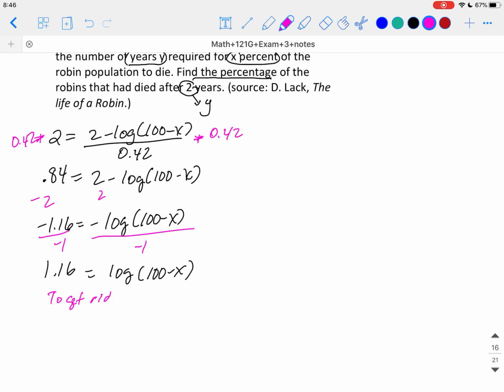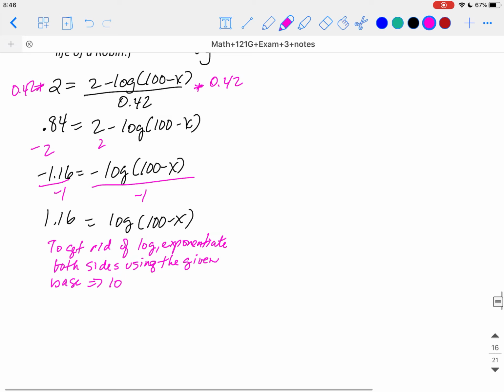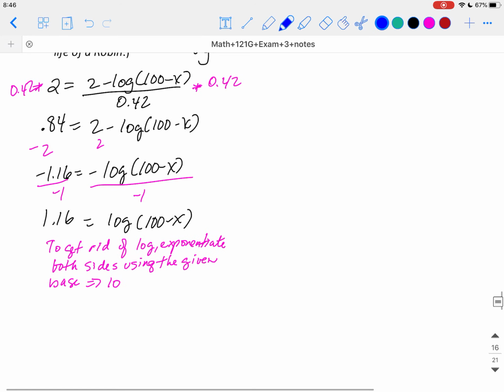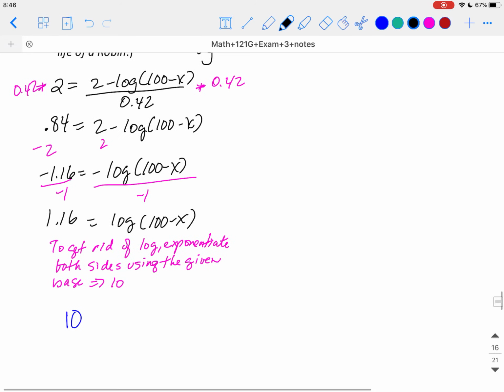So let me write it down here. To get rid of log, exponentiate both sides using the given base. Well, the given base is an understood 10. So how does that look?